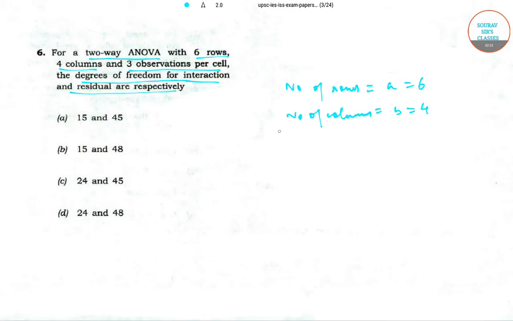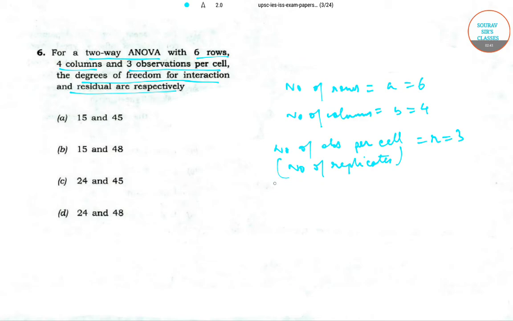We have also been given that the number of observations per cell, which is basically the number of replicates, R, is equal to 3.